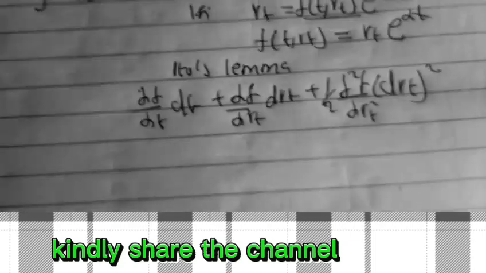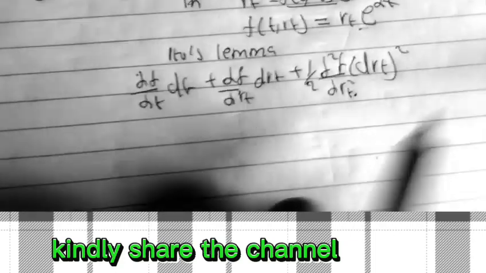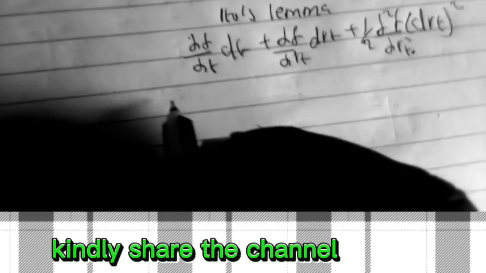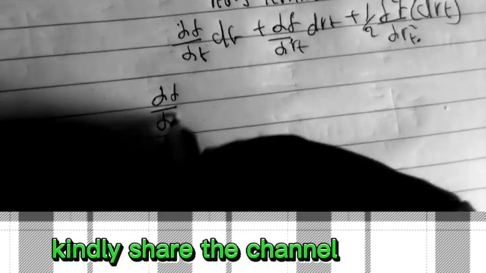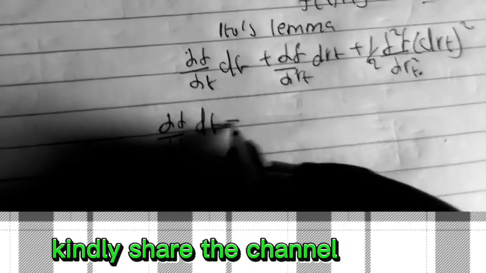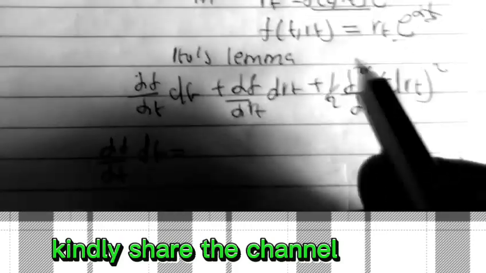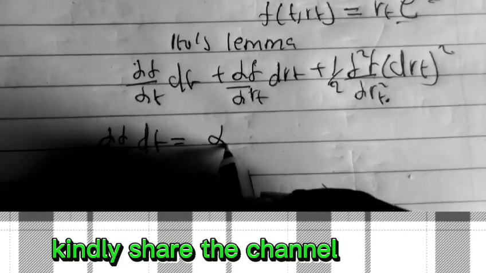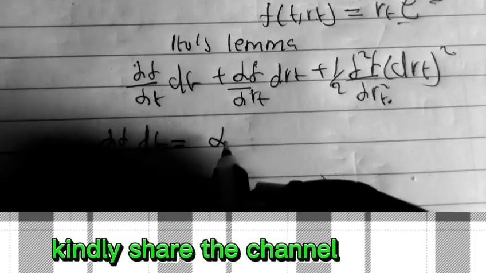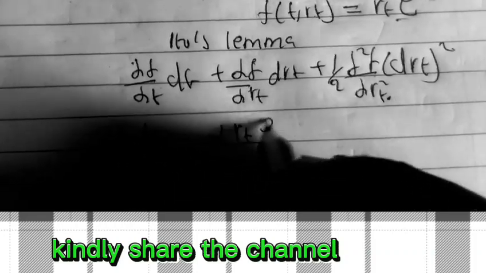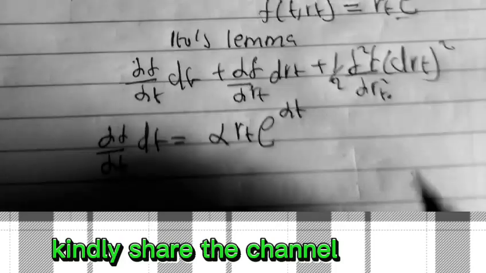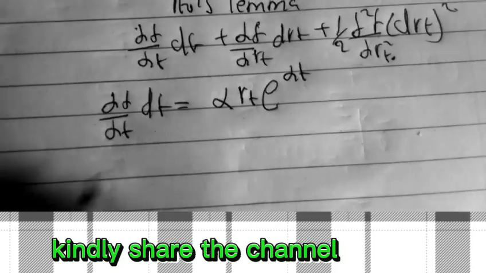So we are going to use this to solve this one. First, the change in f over change in t dt is equal to, when we differentiate, alpha rt exponential raised to alpha t.